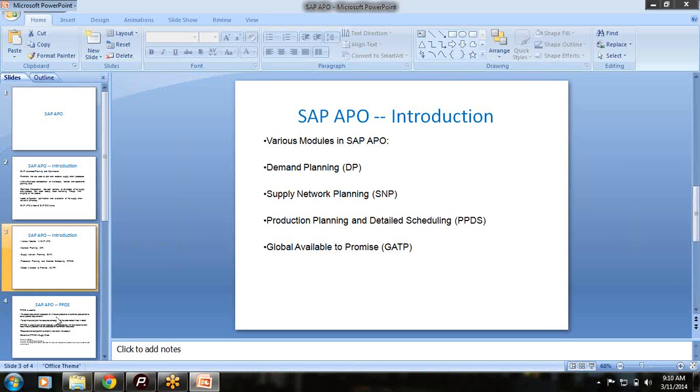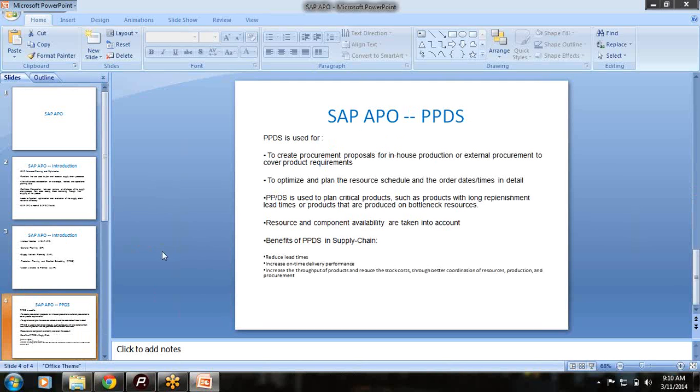Okay. So coming to PPDS mainly, what is PPDS used for? See, there are two kinds of things. One is in-house production, means when a factory or some production house manufactures something inside it, that is called in-house production in SAP terms.